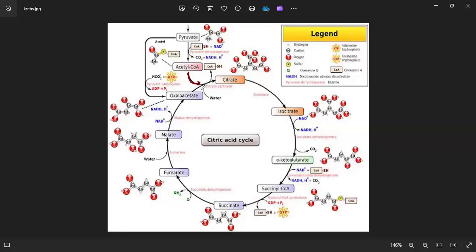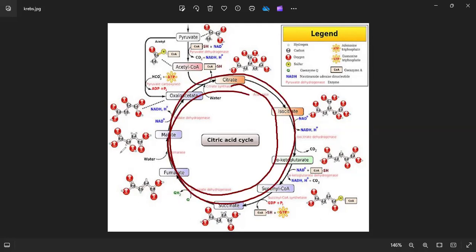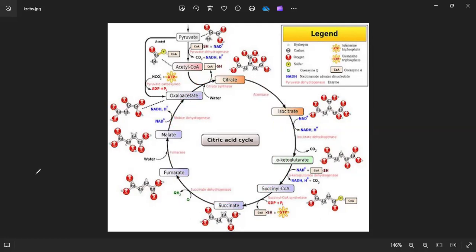So the Krebs cycle actually begins here. It's a cycle, okay? So it's in the mitochondria. So if you want energy produced, just add acetyl-CoA, and then it will generate energy from that acetyl-CoA you have brought.